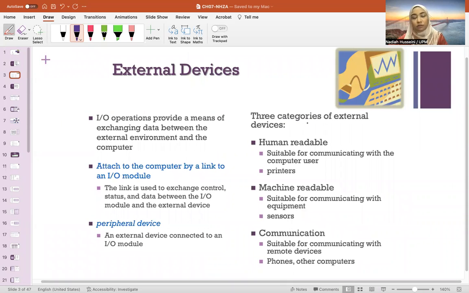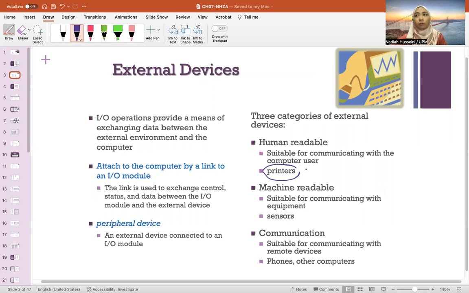There are three categories of external devices. The first one is human readable, the second is machine readable, and the third is communication. Human readable is designed for the end user to understand what is going on, such as printers; we know what's going on, we can read it.